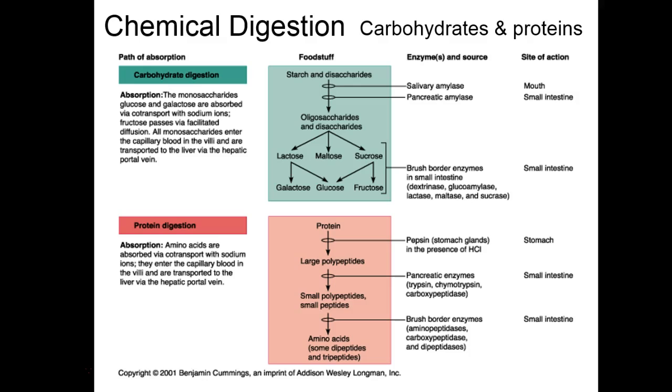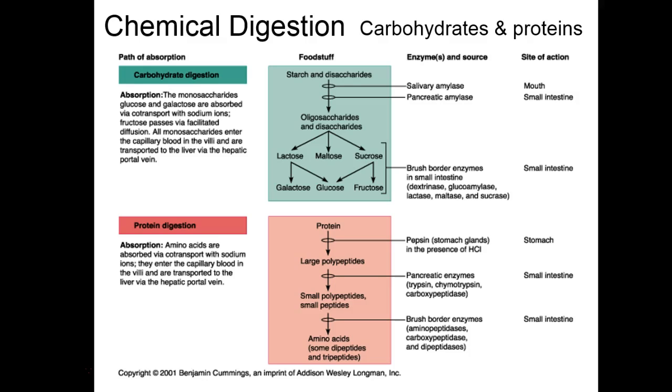You also see there the enzyme sources needed to actually break those disaccharides into monosaccharides. It's actually when it gets to the brush border that you become a monosaccharide. You can see the brush border enzymes that are going to turn the disaccharides into monosaccharides. All this happening in the mouth and small intestines.